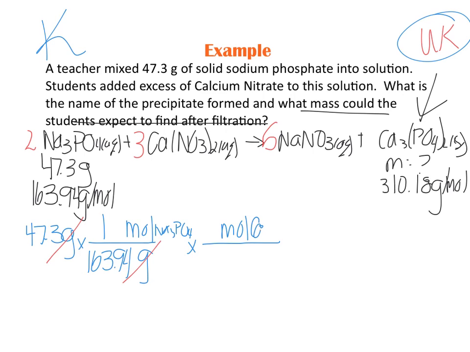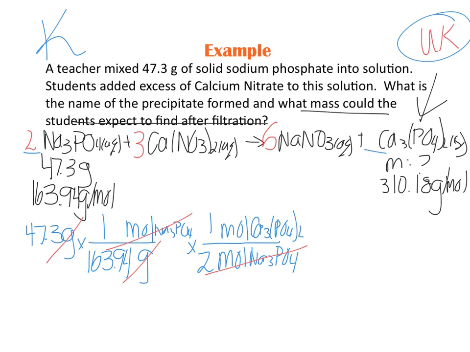Moles of Ca3(PO4)2, and we are canceling moles of Na3PO4. These are, again, our mole ratio coefficients. So we're going to have a 2 and a 1. So moles of sodium phosphate cancel.